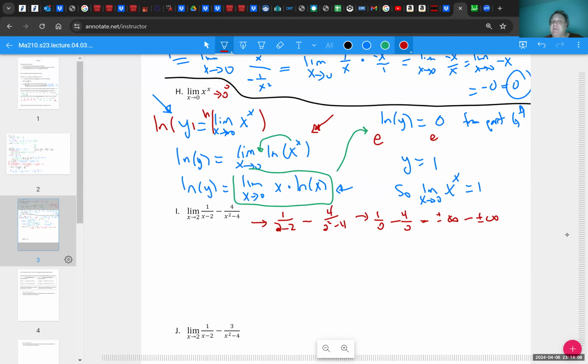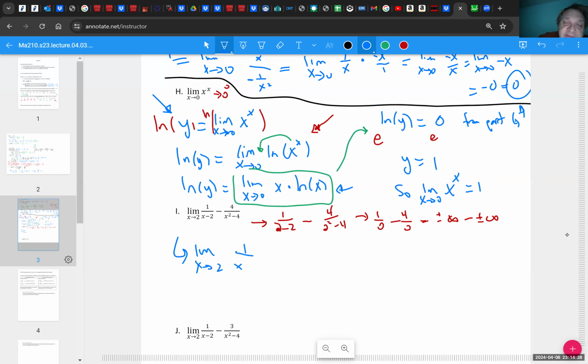Well, we simplify this just by combining things together. We need one fraction with one thing on the top, one thing on the bottom, 0 over 0, or infinity over infinity. That's how we use L'Hopital's rule. So we'll just use some algebra here to simplify this. We need some common denominators.